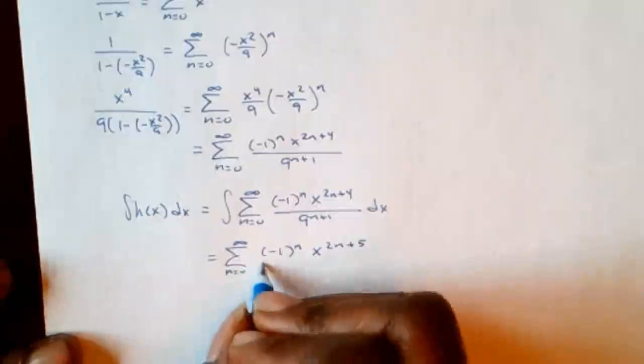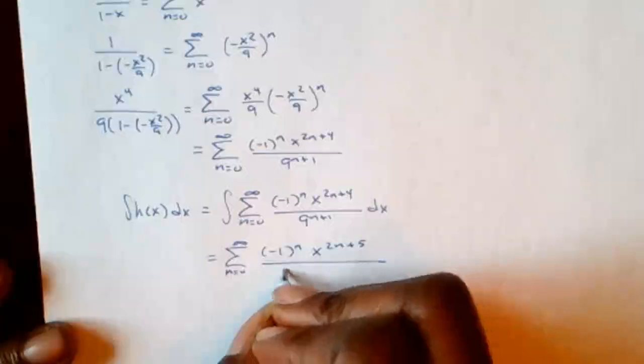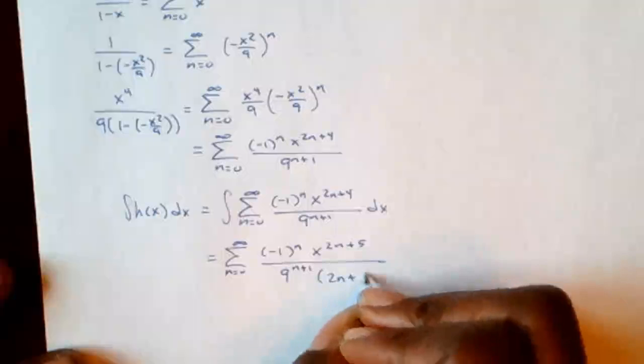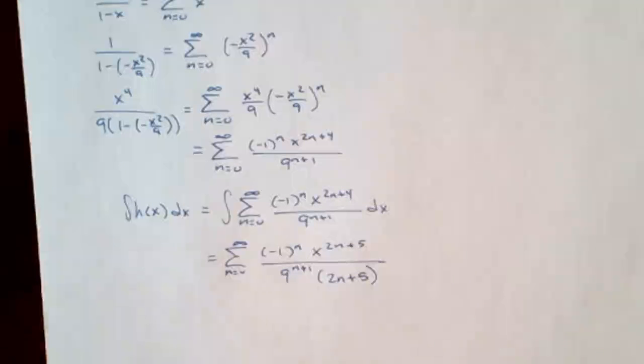Remember, you add 1 when you integrate, all over 9 to the n plus 1 times 2n plus 5, because we have to divide by our new exponent. And so that would be our integral.